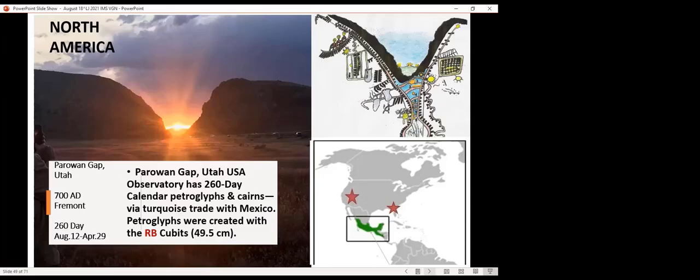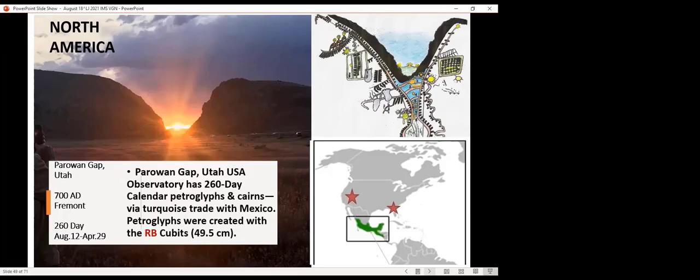So here at the Parowan Gap, southwestern Utah, under a government contract, I was able to research here, finding this observatory, 260-day calendar petroglyphs and cairns, believed to be from the turquoise trade with Mexico, coming from mines in Nevada.